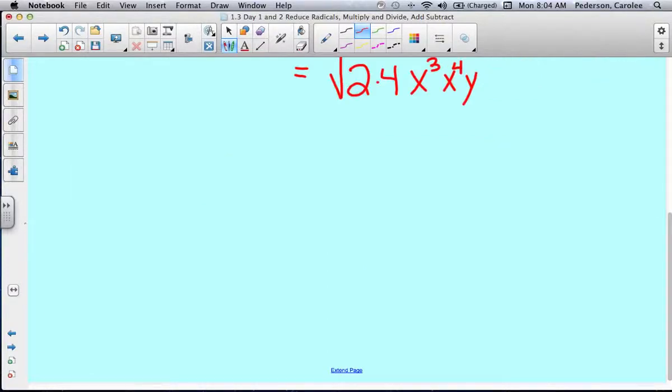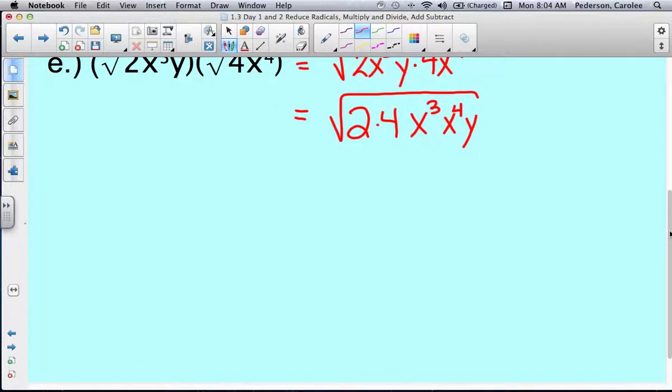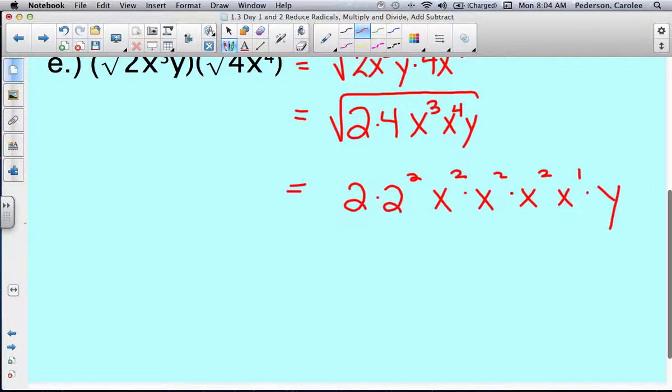So let's break down that 4, or you may recognize the square root of 4 is 2. Then I have 7 x's. I can break down to x squared, x squared, x squared, x to the 1, and then y.